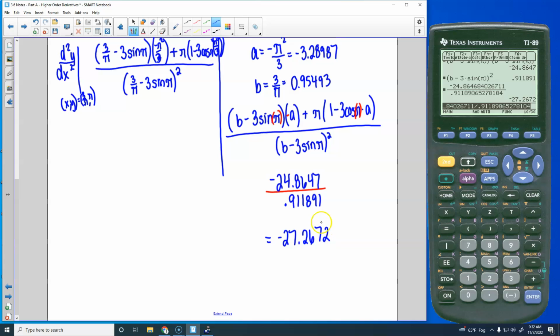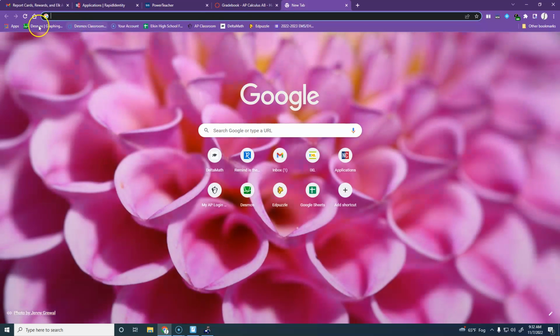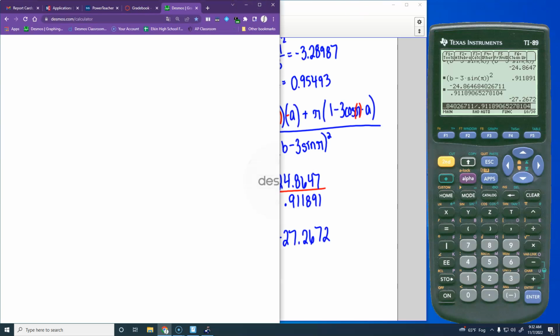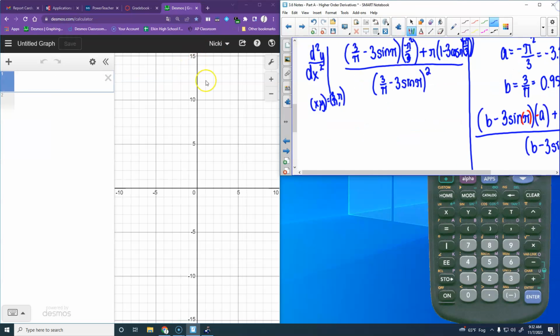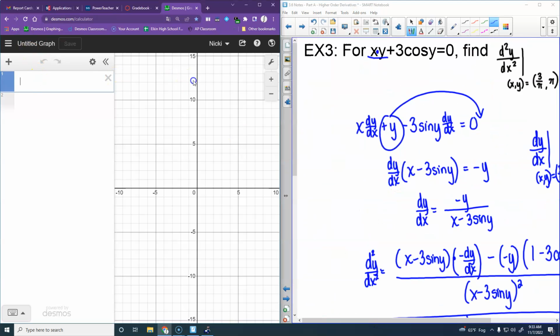Okay, there's a way for us to check to see if any of us are right. Desmos. Let's check it. Let's see if any of us are right. Okay, so we know our original equation was xy plus 3 cosine y equals 0.